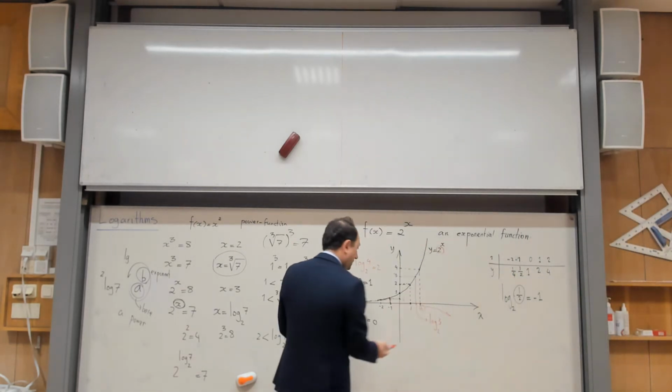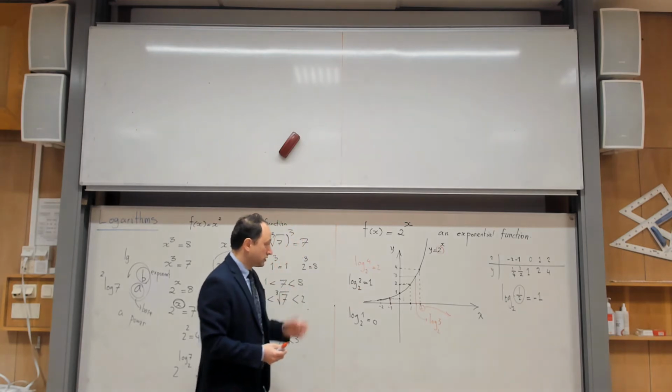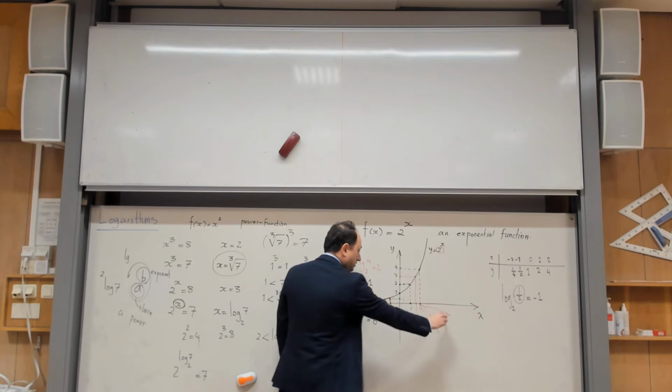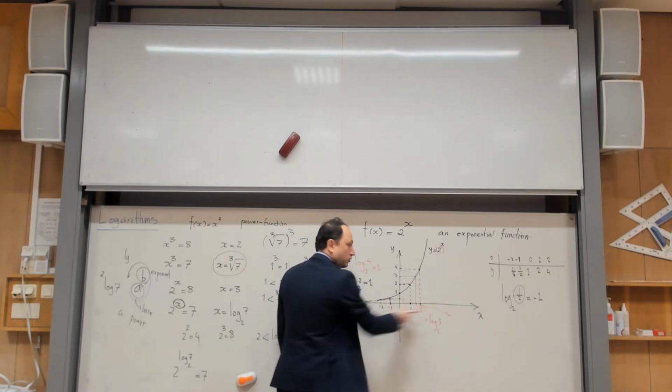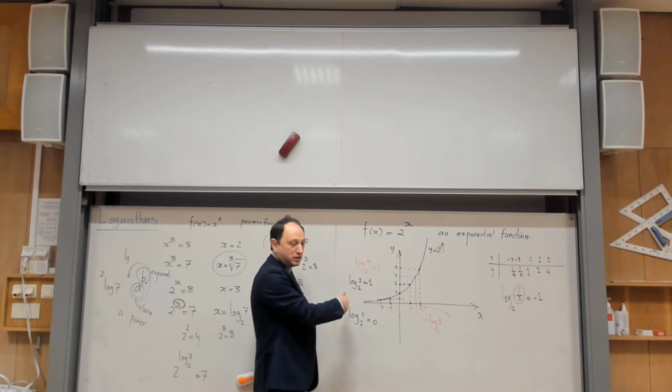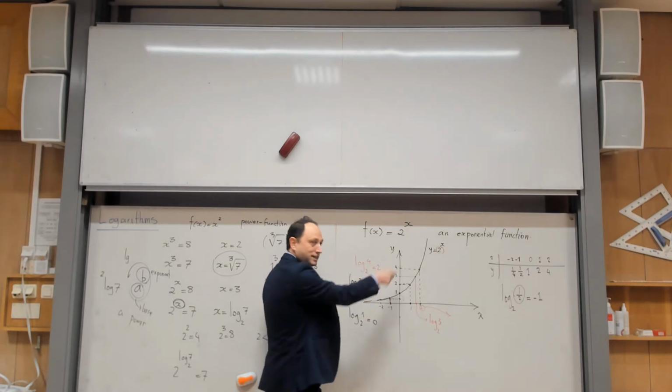Can I put a negative value inside? If I choose a negative value and go horizontally, it doesn't matter in which direction I go, I will never intersect the graph. Not in this case. There are no other cases. We will come back to it. But at least in this picture, it's impossible.